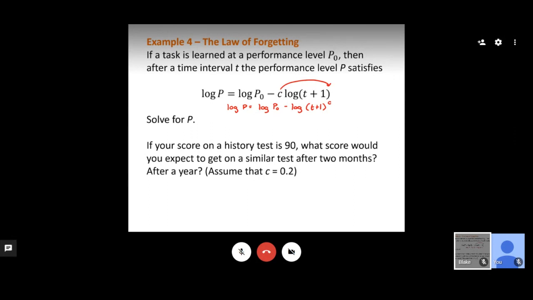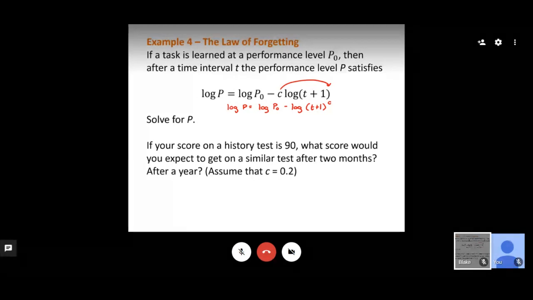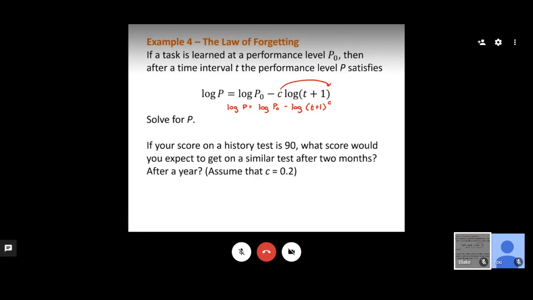Now I have common logs everywhere here, right? So on the right-hand side, if I combine those two logarithms, what operation would I need to use there? Division, right? Because that subtraction will become division.